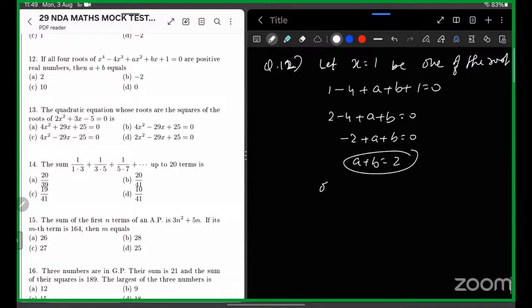Option A is there. They were saying that all the four roots should be positive. So product is 1.